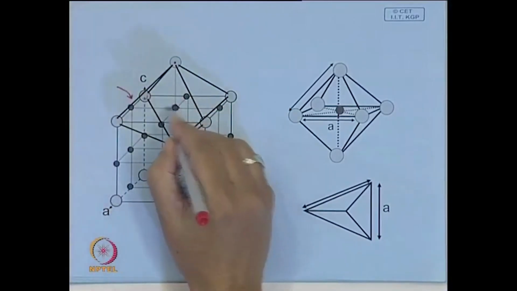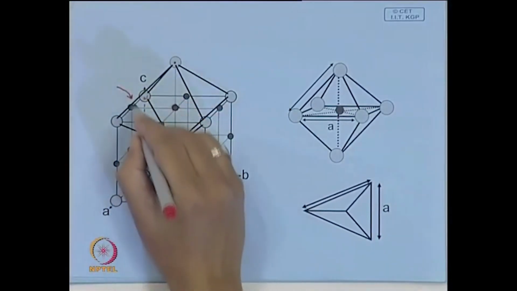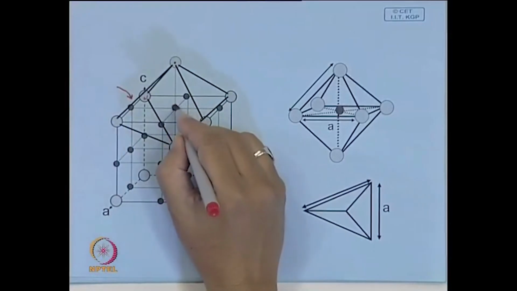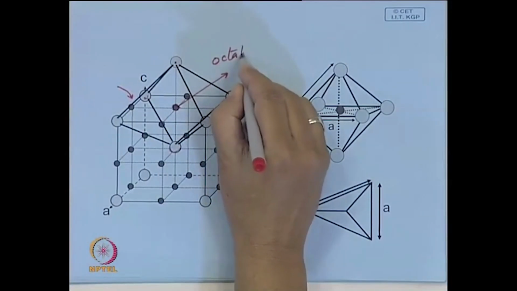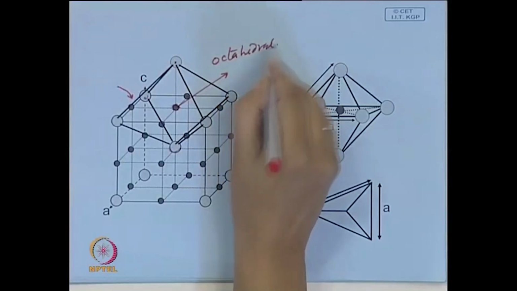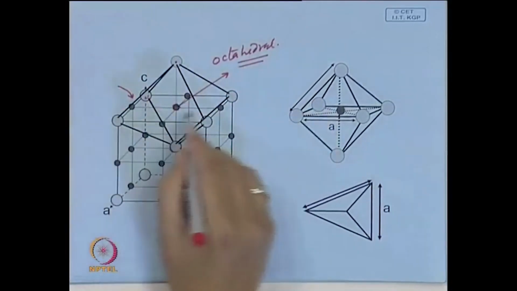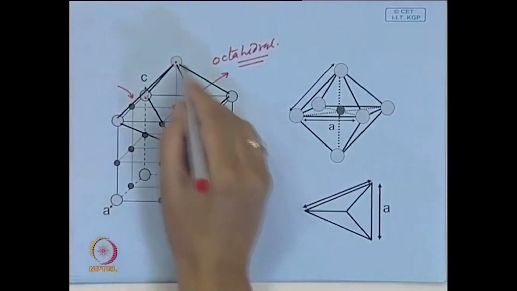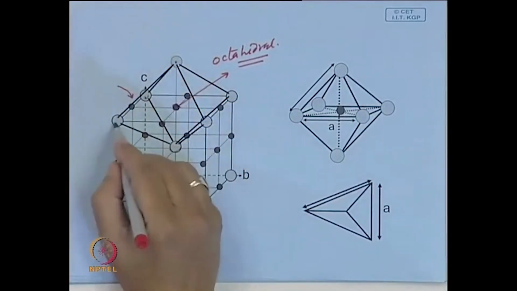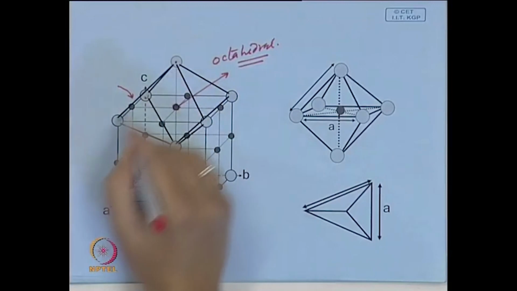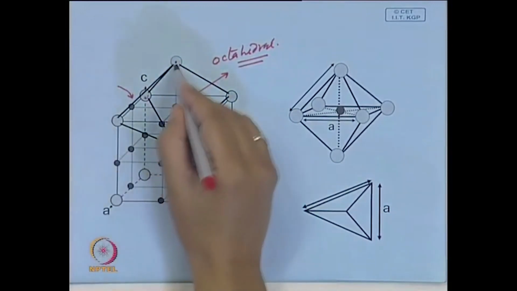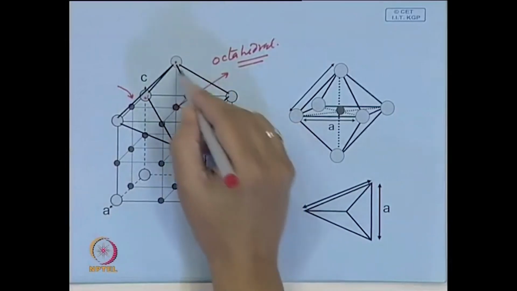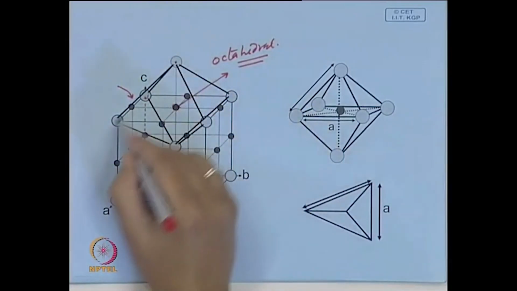So, each of these sites is known as an octahedral site. So, the octahedron is surrounded by identical, similar faces, 8 faces.